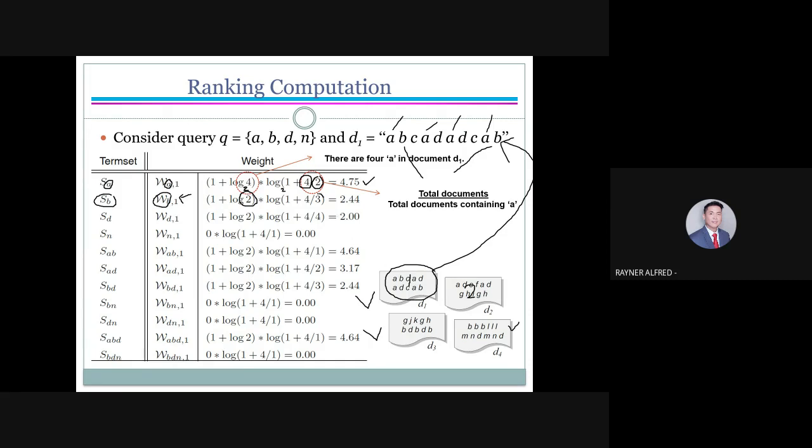That's how we get this. Similar for D, the weightage of D in document 1: how many times does D exist? 1 and 2. So we have 2. But we have 4 documents that contain the symbol D, 1, 2, 3, 4.